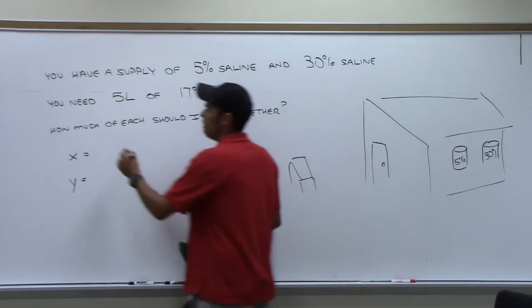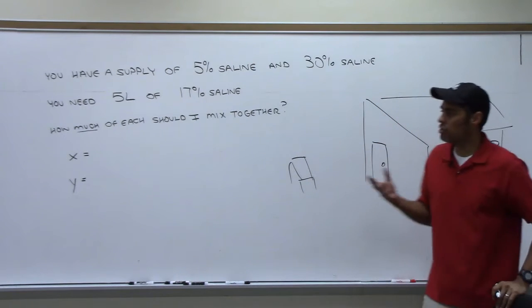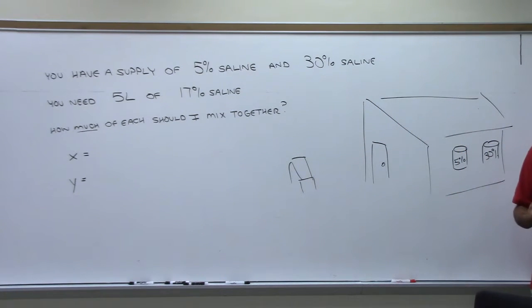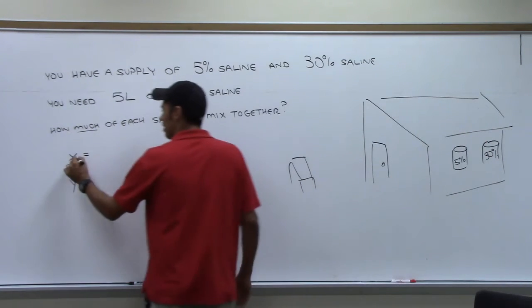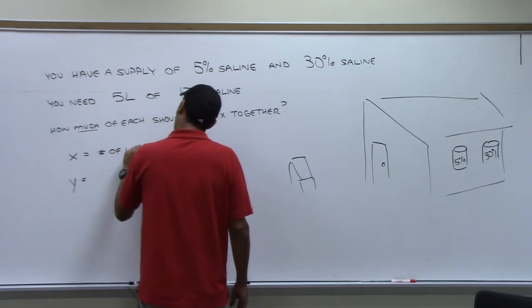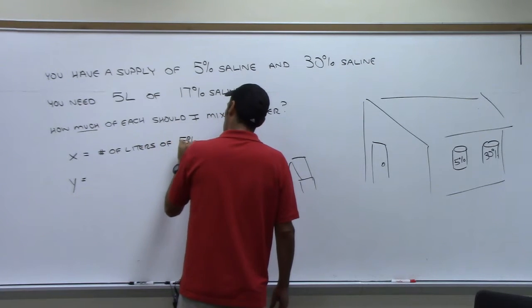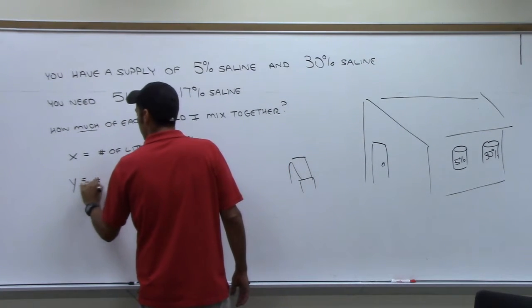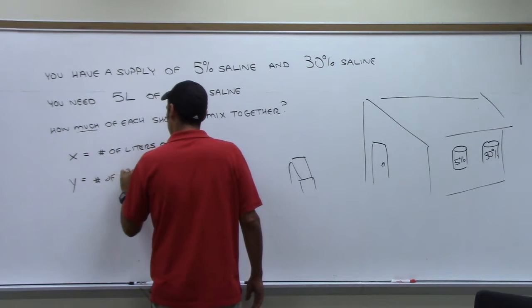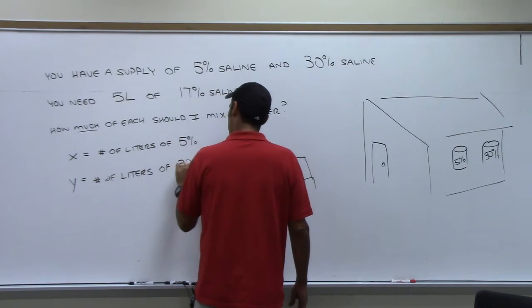How much, right? The quantity, the liters, right? So x should be the number of liters of what? The 5% or the 30%. It doesn't matter which one you want. So how about I just make sure I'm clear on it. This x is going to be equal to the number of liters of the 5%. And then y will be the number of liters of 30%.